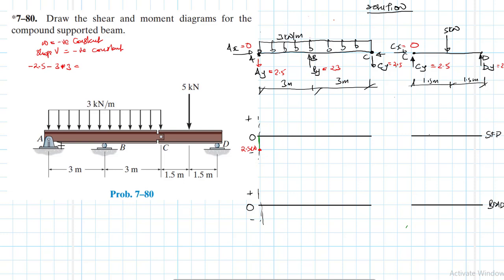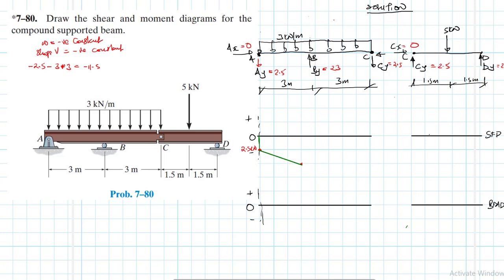Negative 2.5 minus 3 by 3. Of course, this gives us a negative 11.5. So let's say we have 11 somewhere there.